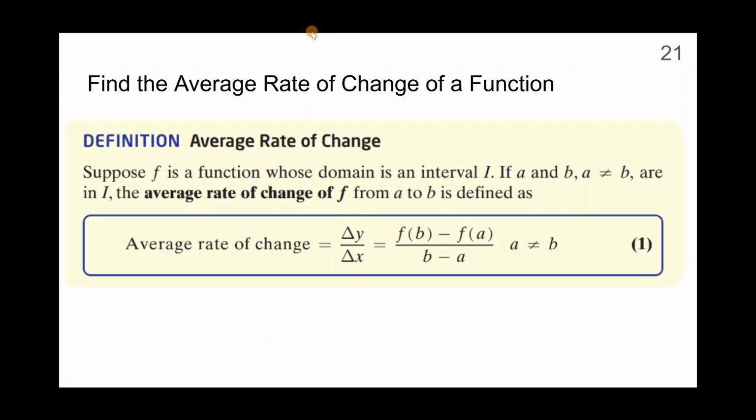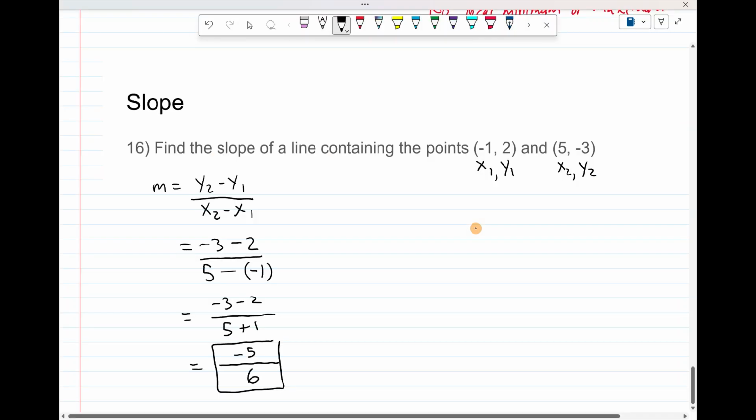Let's go back to this formula and look at it. What is the average rate of change of a function over an interval I? Look at our average rate of change formula. f(b) minus f(a) is very similar to y2 minus y1, if you think about it.